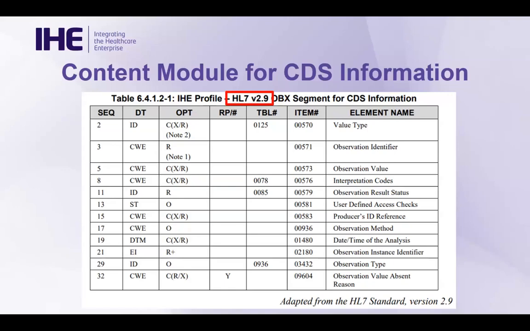In the MSH segment, you'll see that there's an OID that defines whether this CDS related OBX segment is in the message or not. If so, then make sure your interface engine, or whatever handles the HL7 processing, can handle this particular CDS segment in the version 2.9 fashion.